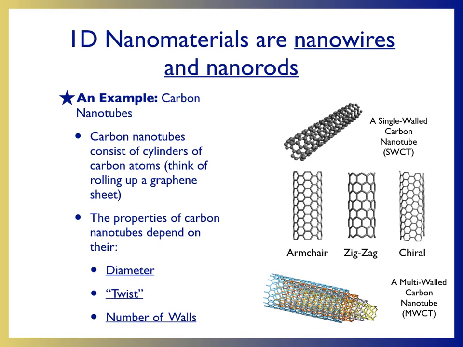Twist affects the electrical conductivity of the carbon nanotube, since it affects how the p orbitals from the sp2 hybridized carbons will line up to allow electrons to move throughout the tube.